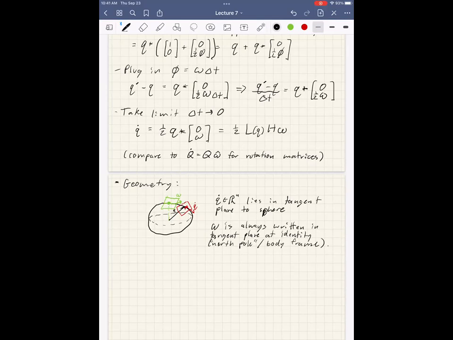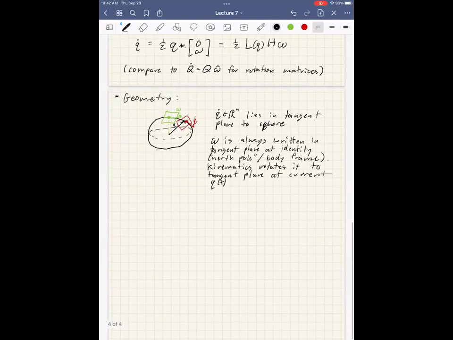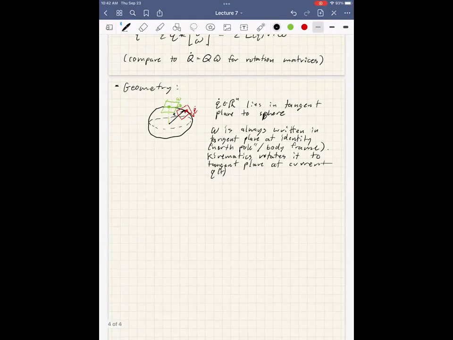So that's that picture, and then the kinematics. Okay, to give a little more intuitive flavor of this, we'll do one more thing.